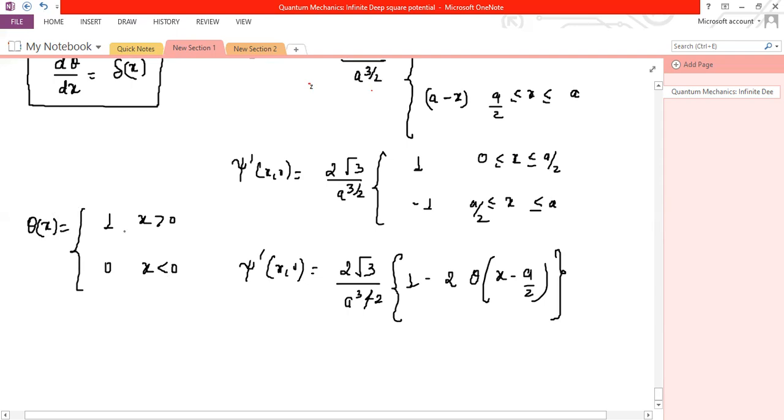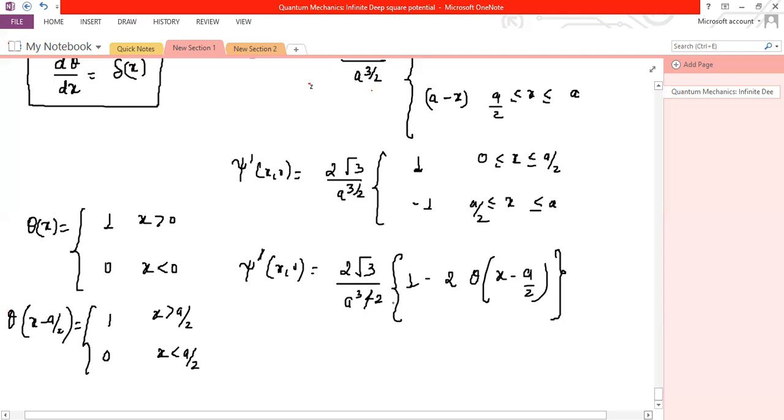So now, theta of x minus a by 2 will be equal to 1 if x is greater than a by 2, and equal to 0 if x is less than a by 2. If x is greater than a by 2, this will be 1, so 1 minus 2 is minus 1. And if x is less than a by 2, this would be 0, so 1 minus 0 is simply 1. So psi dash you already know.